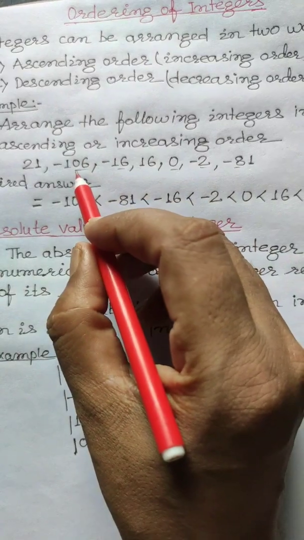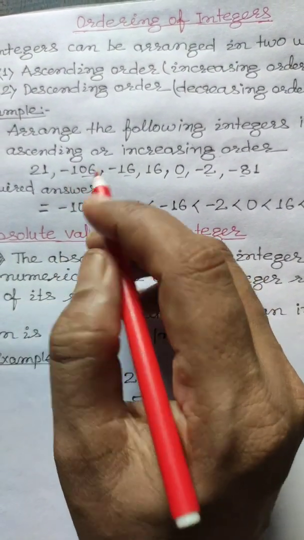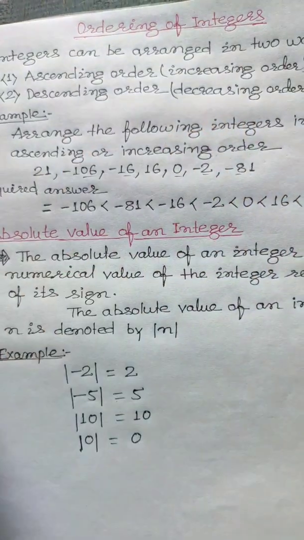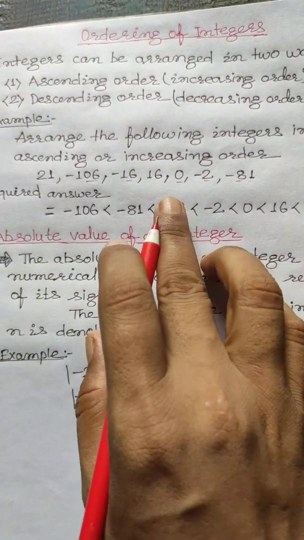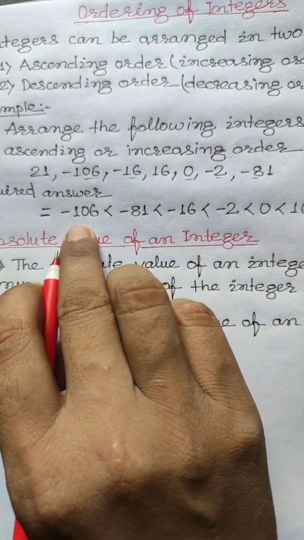These are the negative integers. Among these negative integers, you need to find which one is the smallest. Minus 106 is the smallest because it is lying at the leftmost on the number line. So minus 106 I have written first.